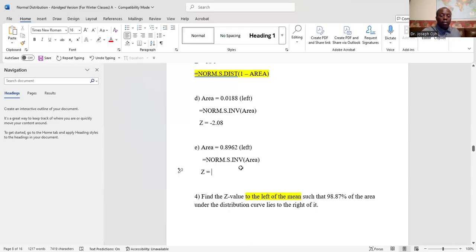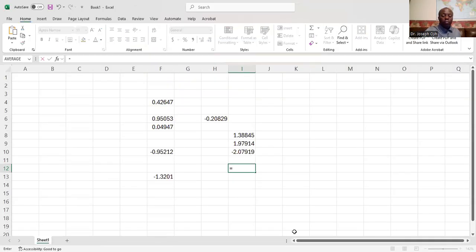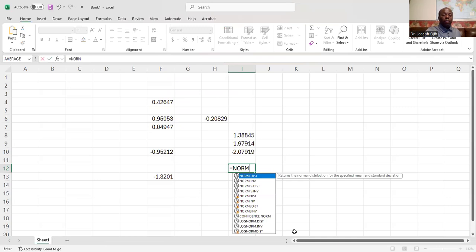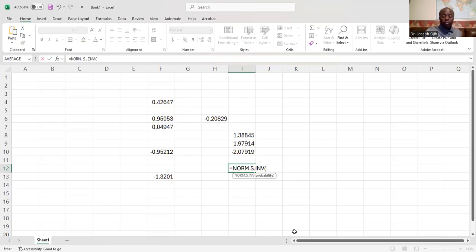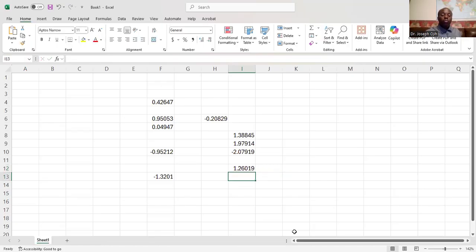So you got equals NORM.S.INV, 0.8962, the parenthesis, 1.26. I mean 1.26 basically. Yeah. We normally write them in two decimal places. 1.26.